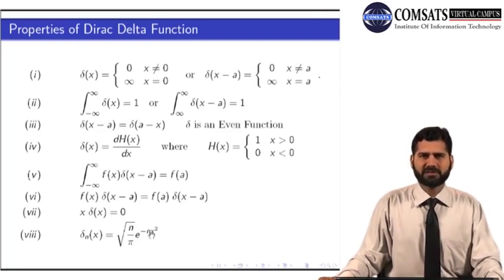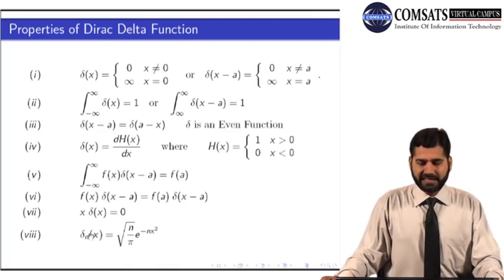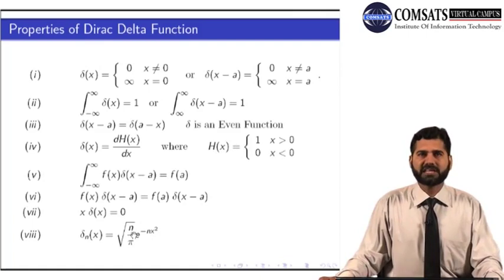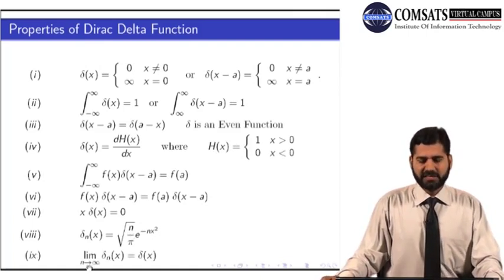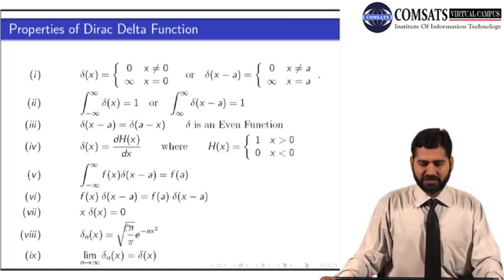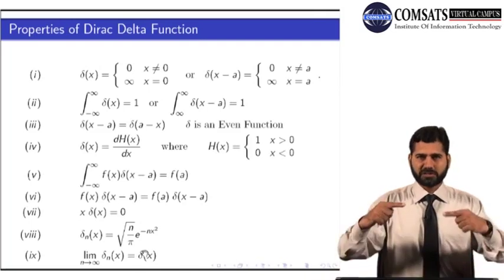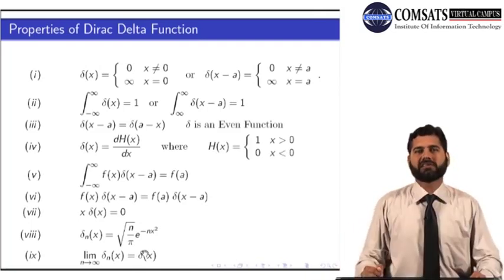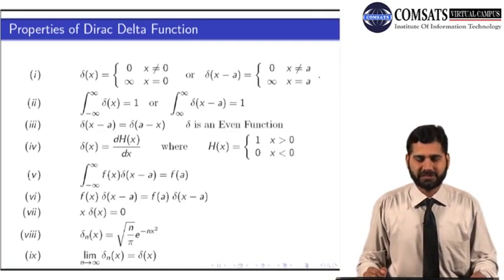If you have seen the Gaussian function, the normal distribution in statistics, right? If you define this to be delta n, then the limit of this function is your delta function. See, the limit as n goes to infinity of this function gives you delta x. So Gaussian functions approach this Dirac delta function eventually.